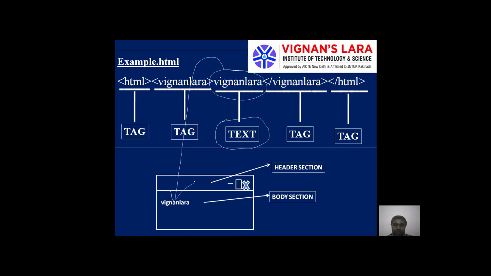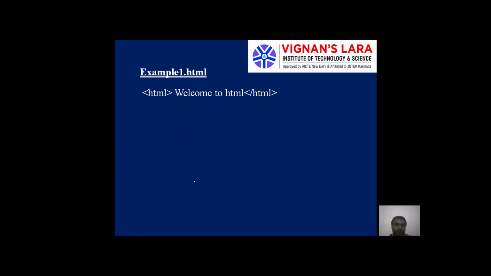Now we'll see one more example. What will be the output of this program? Left angular bracket, right angular bracket. Whatever text or content is placed between a left angular bracket and a right angular bracket is treated as a tag by your web browser. Whenever a web browser encounters a tag, it processes the tag and understands that this document represents an HTML tag.